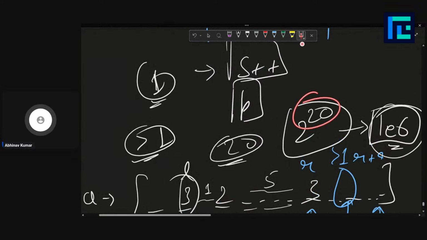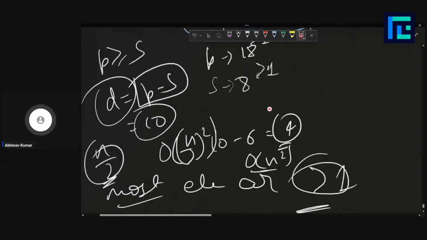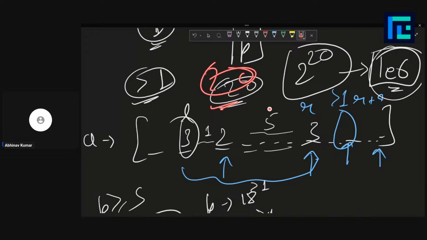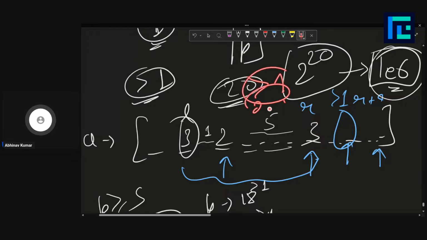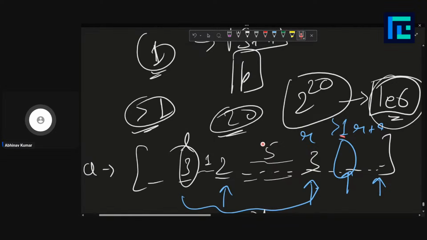Even with just 20 greater than 1 values, we would cross the 1e6 range. So the number of different R's that I would iterate through would be at max 20 only. After iterating through 20 greater than 1 values, for sure the difference would exceed the range of n. And if the difference exceeds the range of n, we can just break out, as there is no use of iterating further. It would never come back to be equal to the sum.